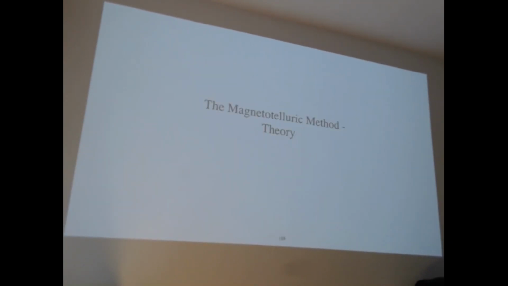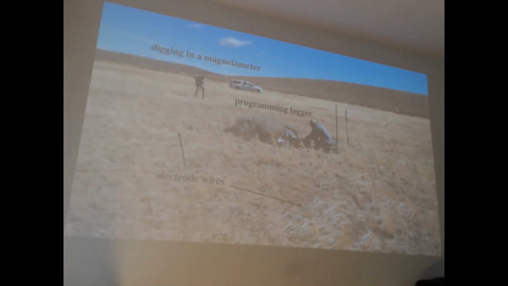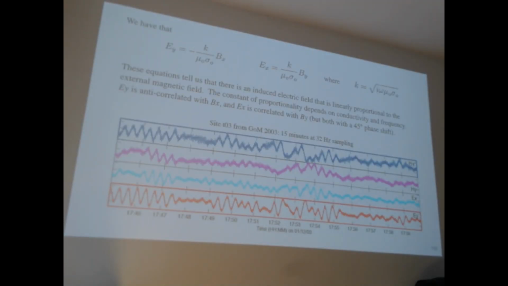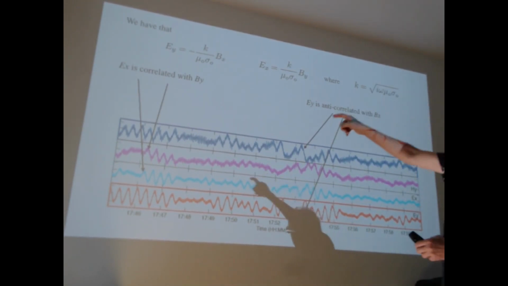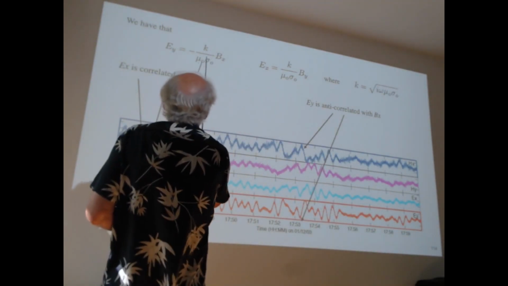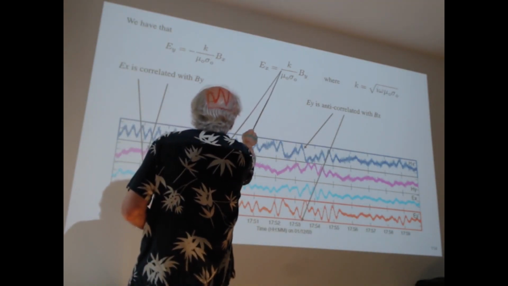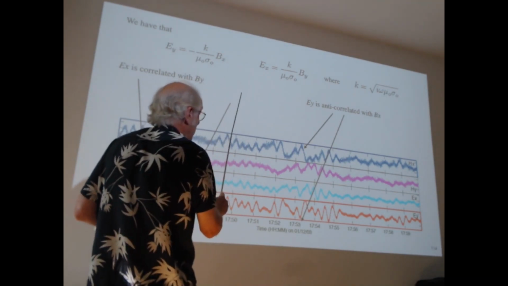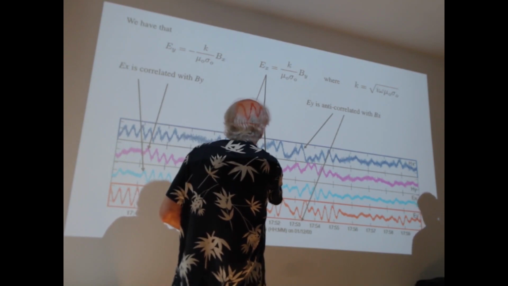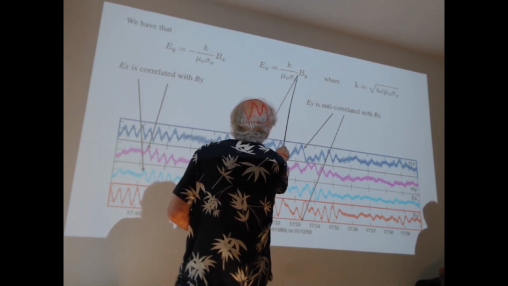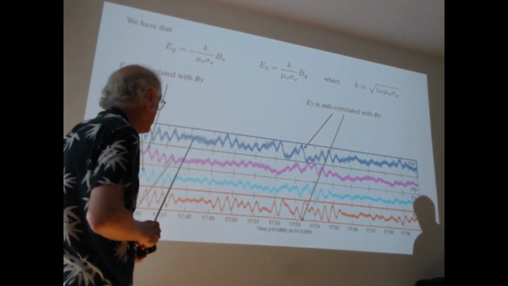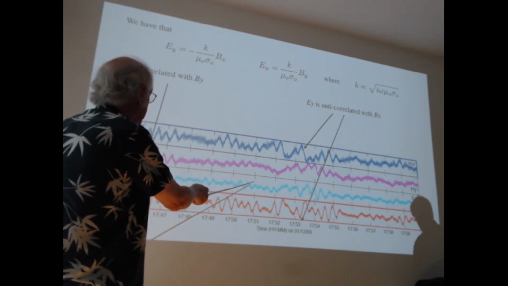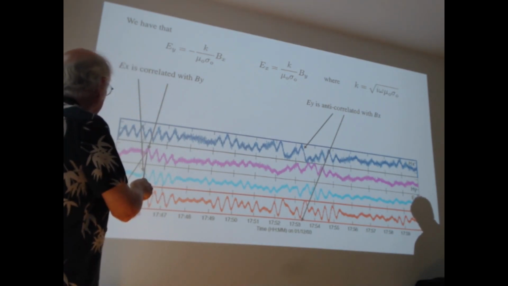Oh, time series. Yes, this is the minus sign. The x component of the electric field is proportional to B, the y component is proportional to minus B. So this is the x component, and these wiggles here are the same.